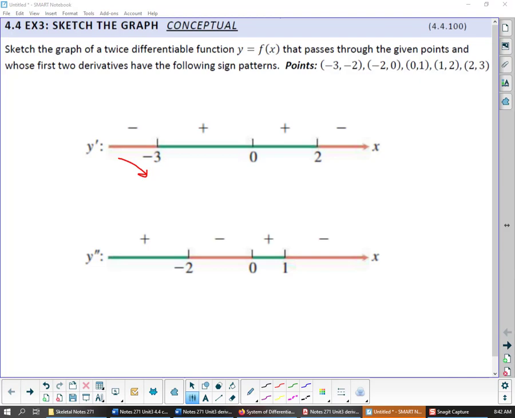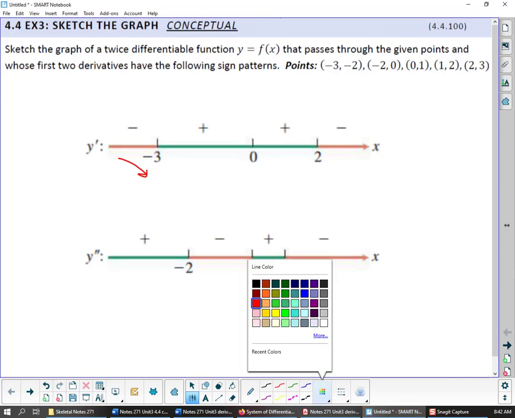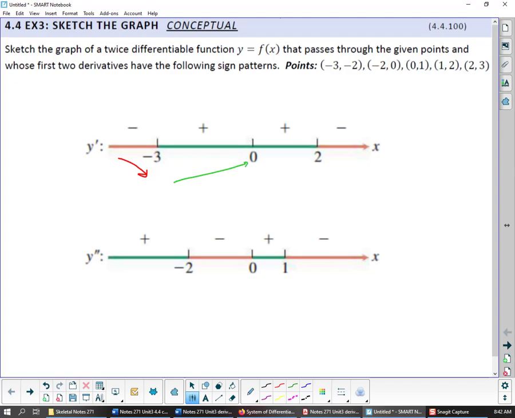And a positive first derivative means we're going to be increasing. And so we're increasing all the way between -3 and 2 because the first derivative is positive between -3 and 2. And then after 2, we have a negative first derivative, which means we're going down again.